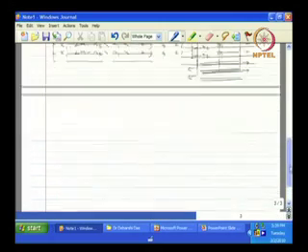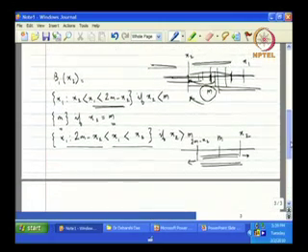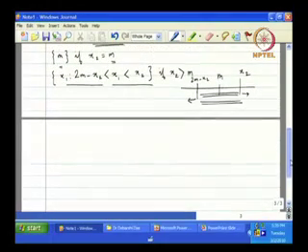Similarly, we can find out the best response function of player 2, which we can write as follows.